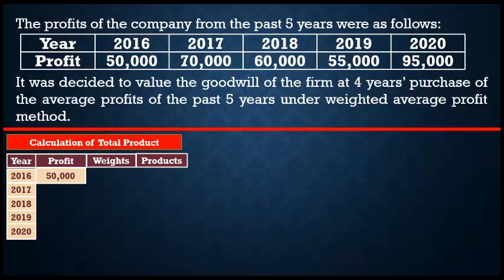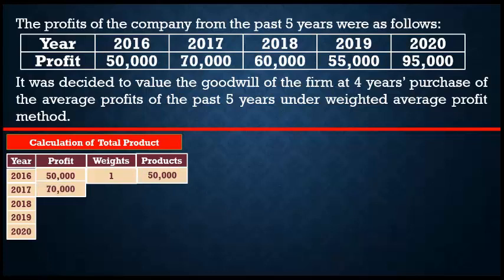Okay. First year profit 50,000, first year weight 1. 50,000 into 1, product 50,000.